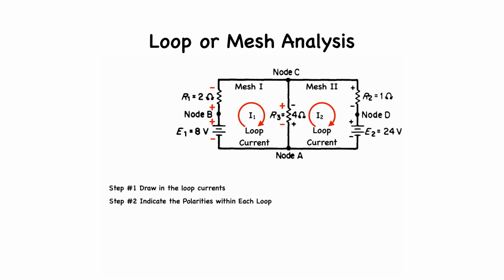Writing Kirchhoff's voltage law around each mesh in any direction, it is convenient to follow the same direction as the loop current. Therefore, for loop number 2, we notice that the polarities across R3 are the opposite for each loop, and the polarities of E1 and E2 are unaffected by the direction of the loop currents passing through them. Also, with the assumed current flow of I2, E2 provides a voltage drop and is therefore considered positive in the loop equation.